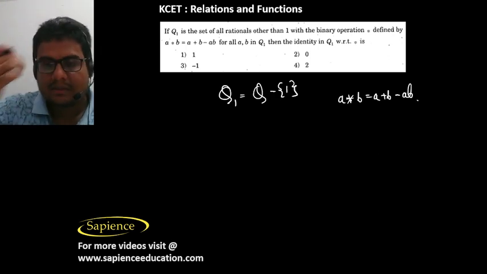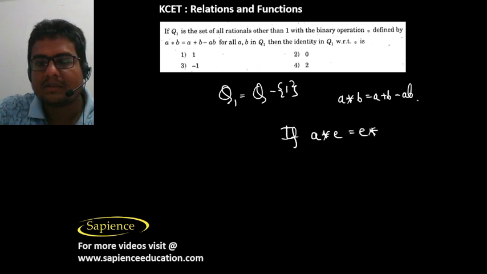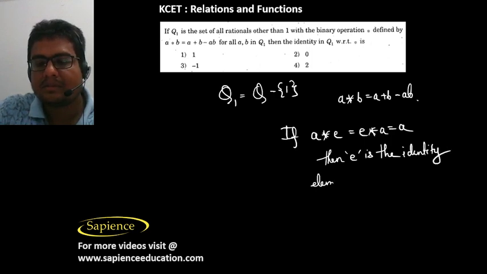The rule is that if a star e is equal to e star a is equal to a, then we say that e is the identity element under the binary operation star.